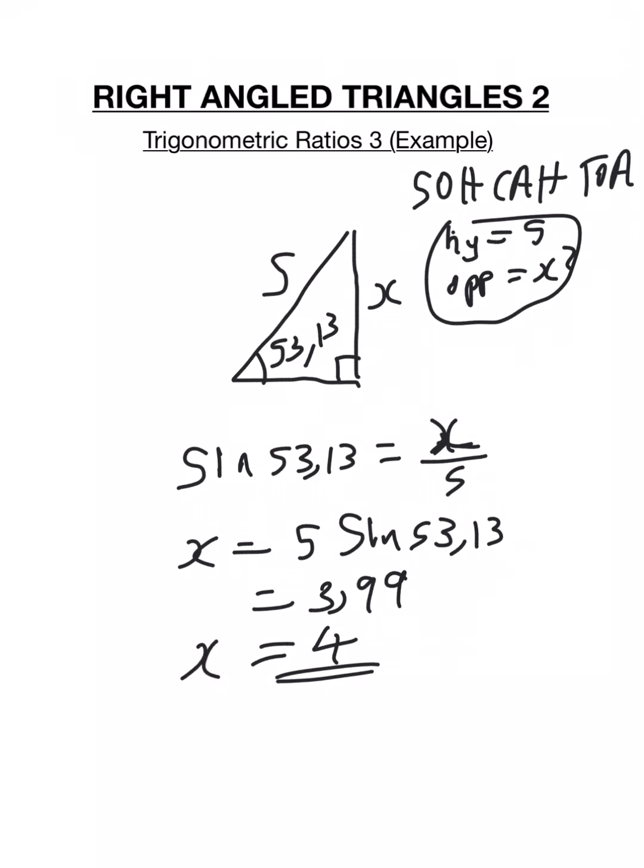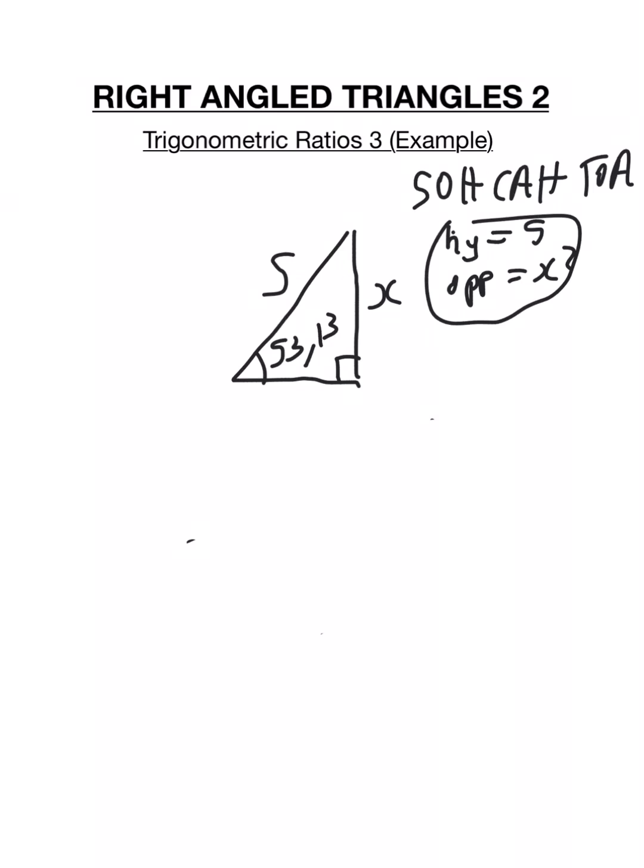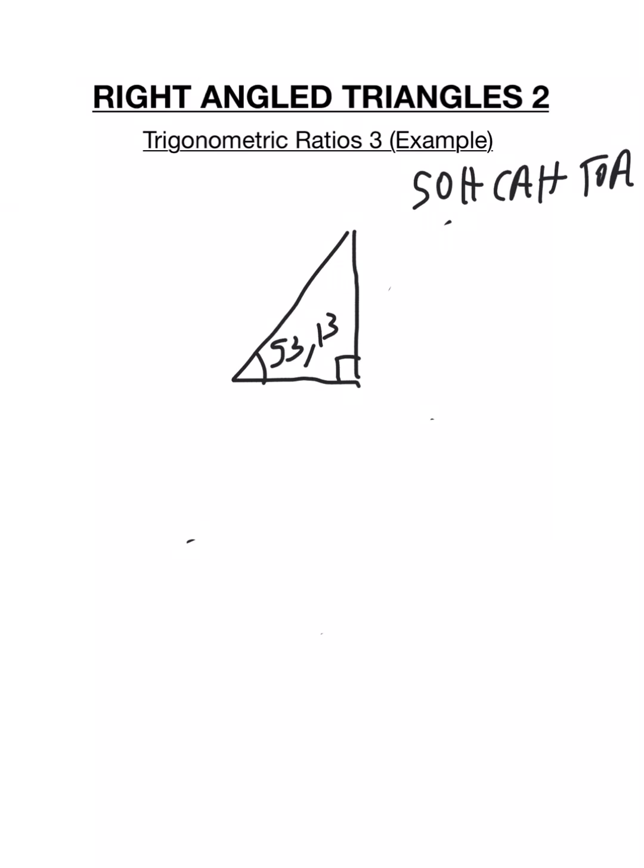Right, let's try to use another trig ratio, which is not sine now. Let's assume we are told to find x, which is the adjacent, but still we are given the hypotenuse, which is 5.